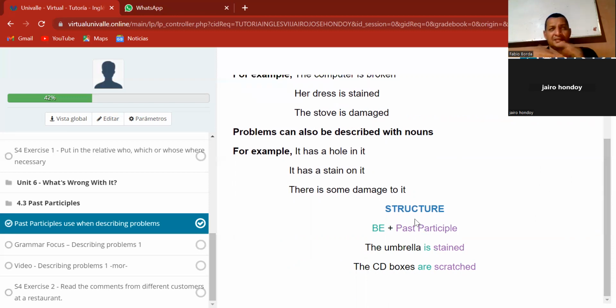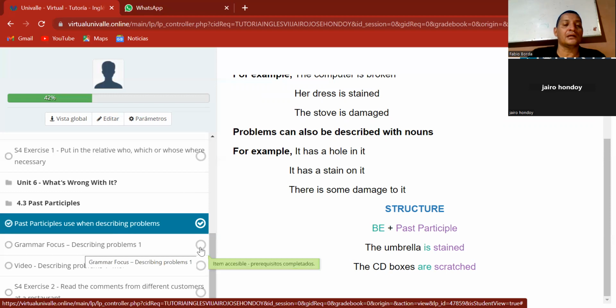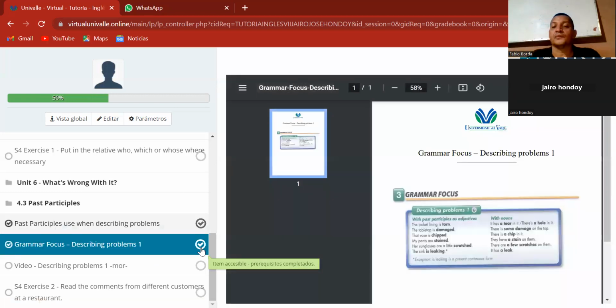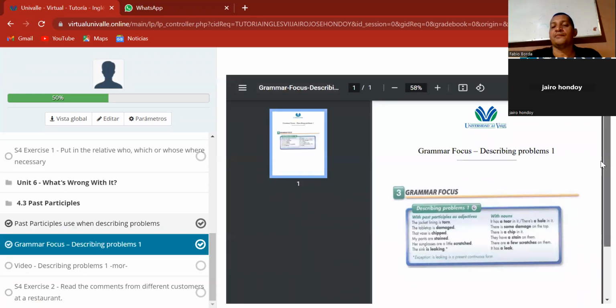You have to understand and learn that we use the verb be plus past participle in order to form a good grammar sentence in this case. Here we have the grammar focus, describing problems 1.